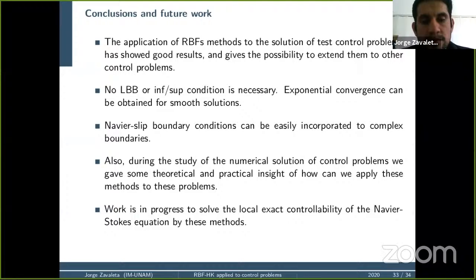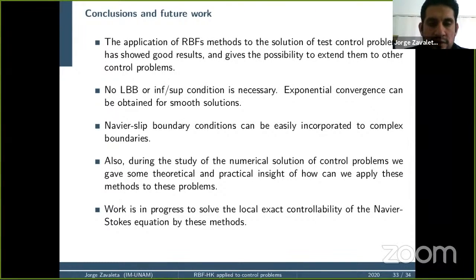Okay. So as I said, one of the problems we are looking to solve with these methods is local exact controllability. This is because the only paper that I know and have referenced is the paper of Professor Fernández-Cara, who solved this problem by finite element, and this is a result that we can compare.